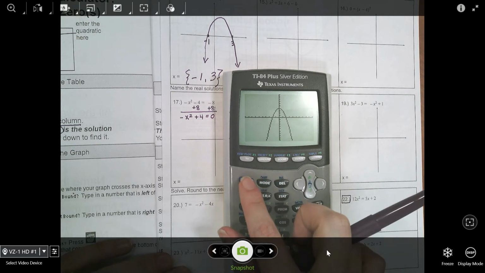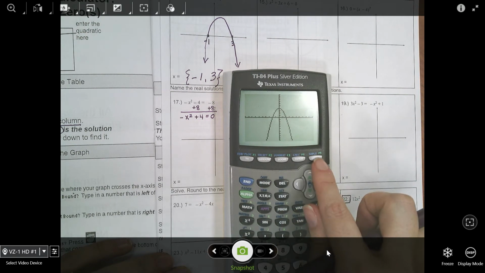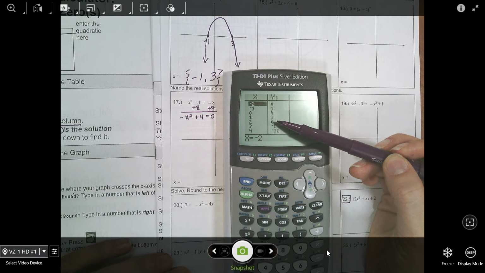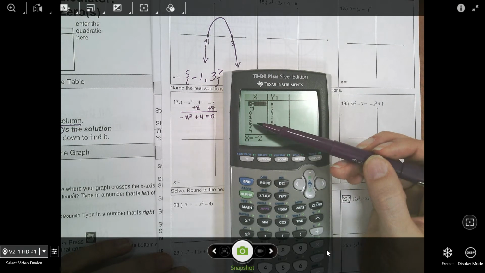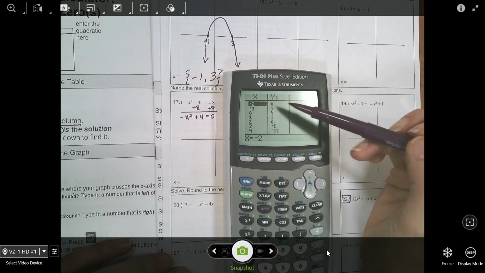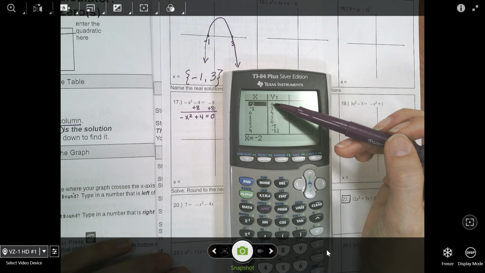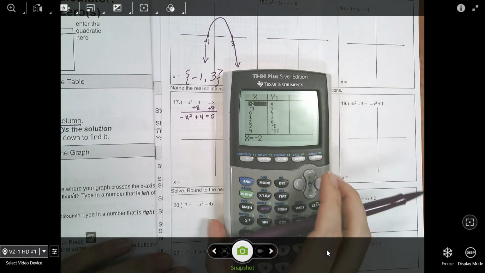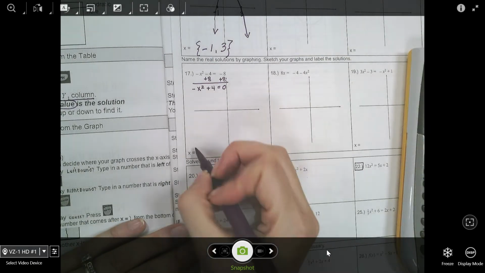So my table is second, and then graph. And here's my table. I'm looking for where y is 0, and it's the corresponding x value. So one of my solutions is 2, and here's my other one. There's where y1 is 0, and my other solution is negative 2. So I can record that here.